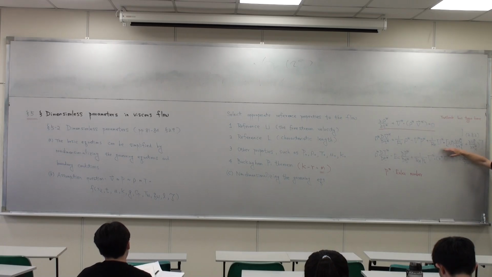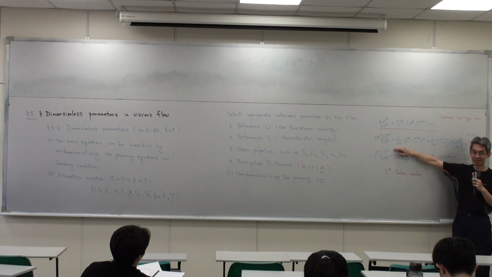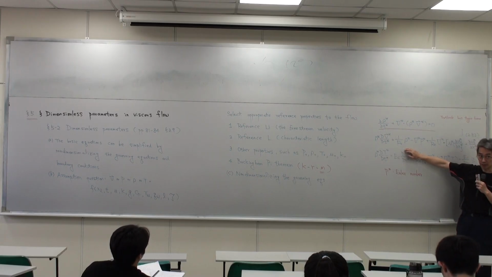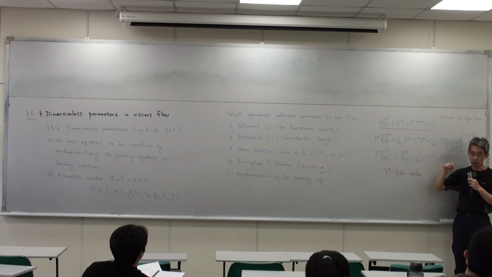This is the viscosity term. So, which term is for the Froude number? Momentum equation, right hand side, third term. Gravity. Yeah, so this is the gravity term. So the Froude number will be gravity compared with the inertial force.